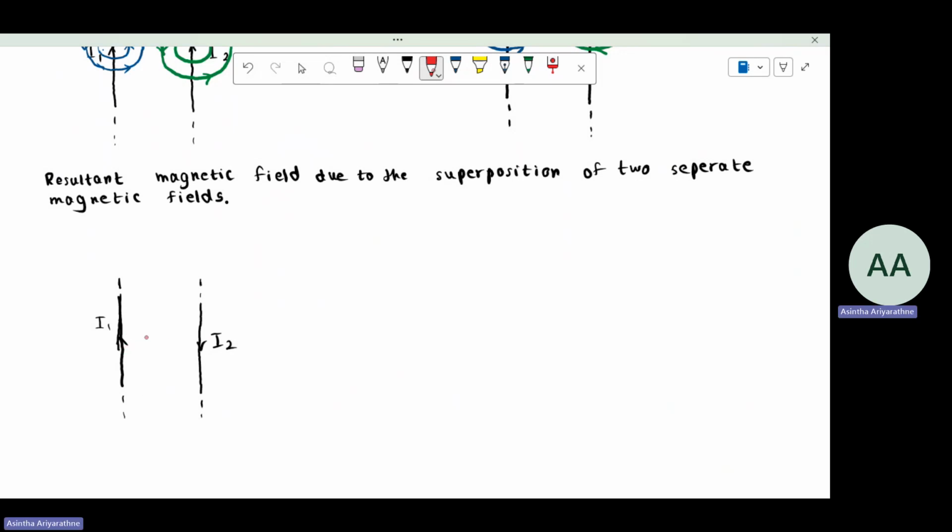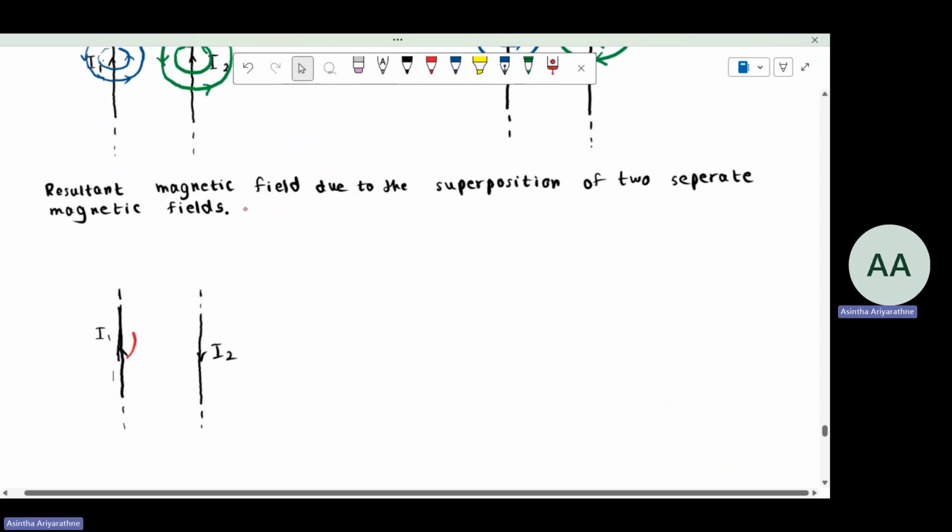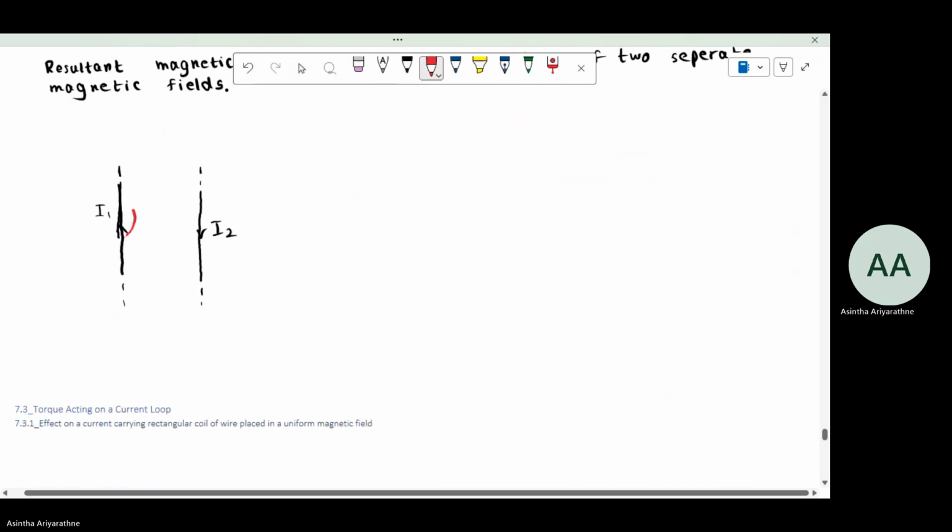So in the middle part, as you can see, the magnetic fields get cancelled out. So there is no magnetic field in the middle part, zero magnetic field. And if you go to the left, they would get added. There would be a magnetic field like this. In the middle region, the magnetic field would be less.